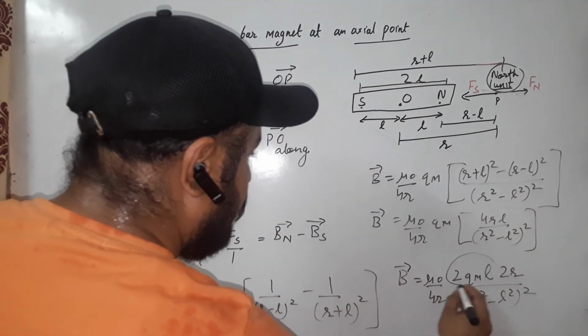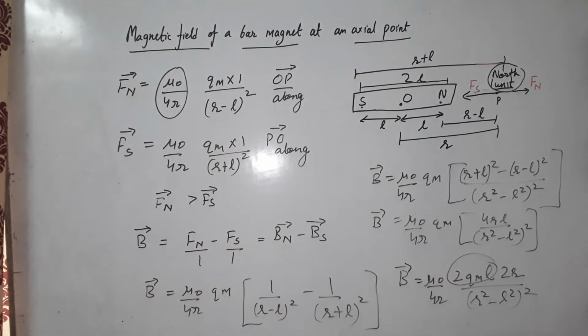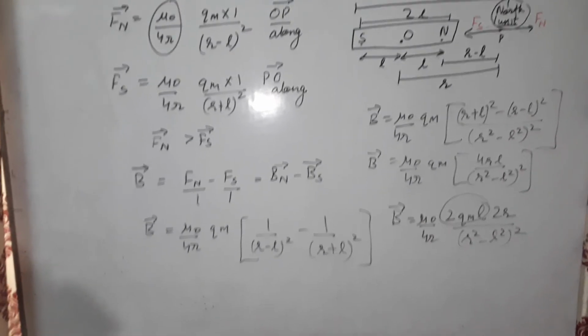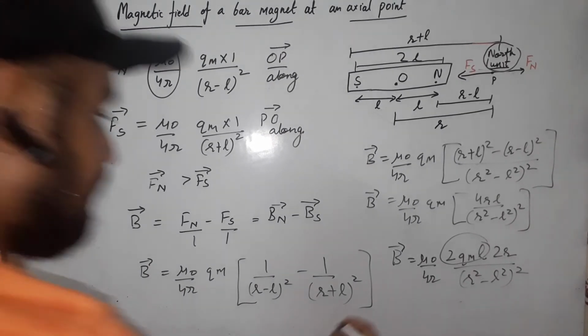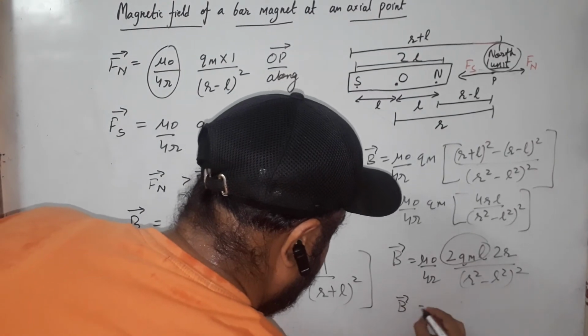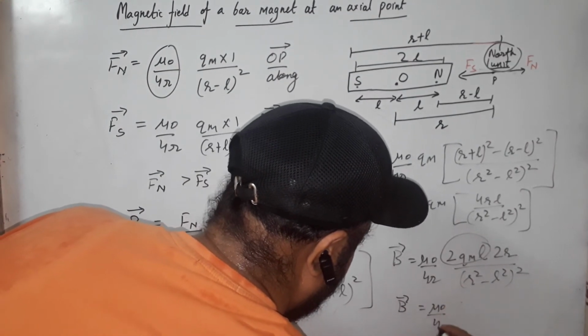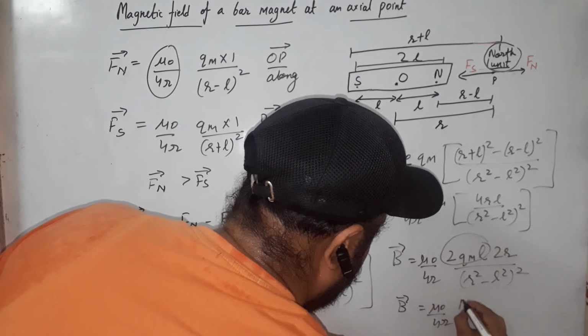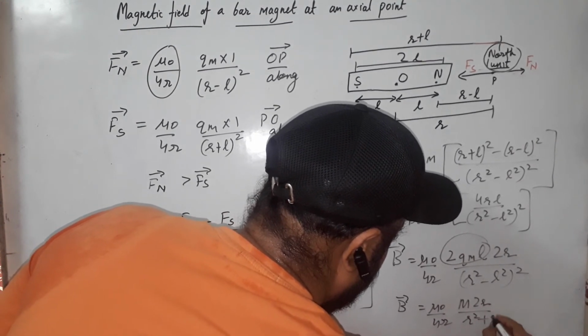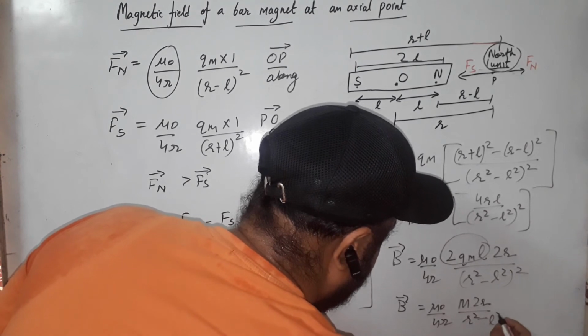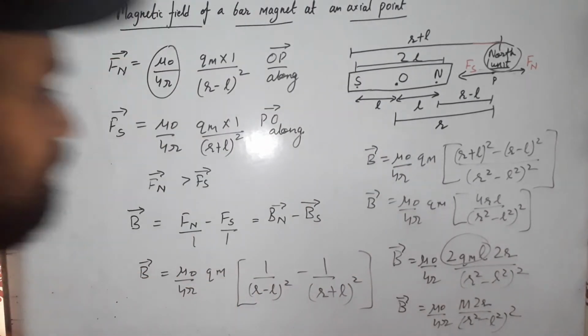So 2Qm, the pole strength, into 2L, the length, is equal to the dipole moment, capital M, that is the magnetic dipole moment. So we will have the result mu naught by 4 pi, capital M, 2r upon r square minus L square the whole square.